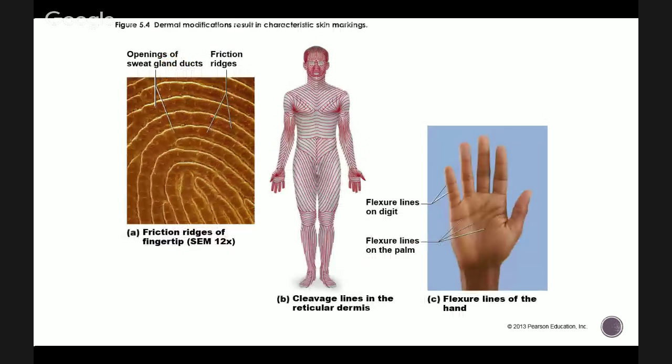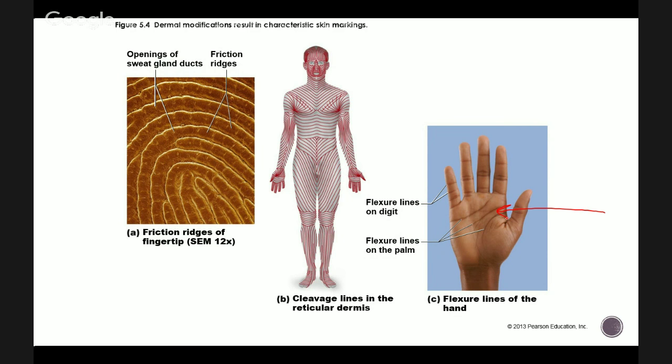Okay, but then we also have what are called cleavage lines, and one of the most identifiable cleavage or flexure lines would be looking at. Those are formed by the deeper region, the reticular layer of the dermis.